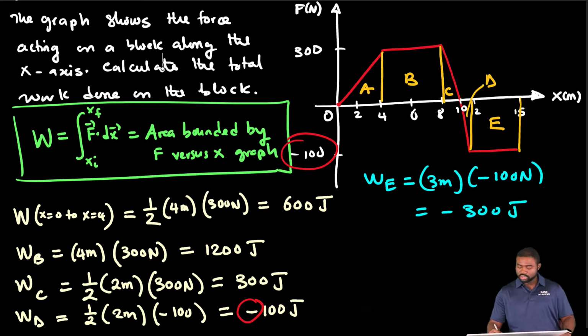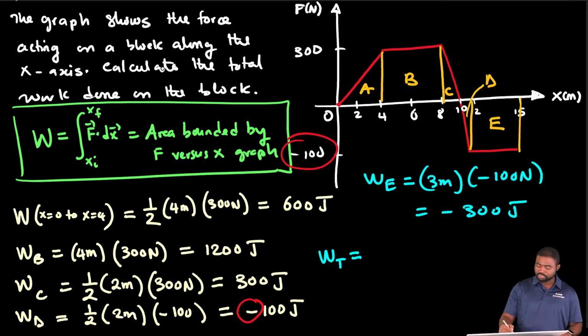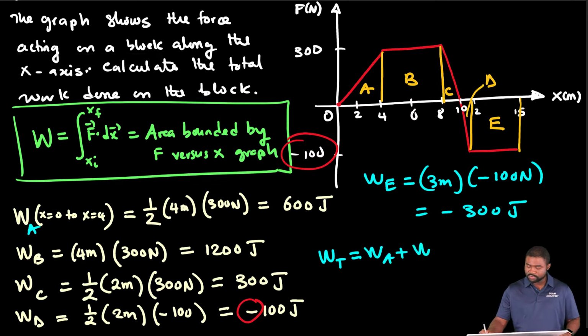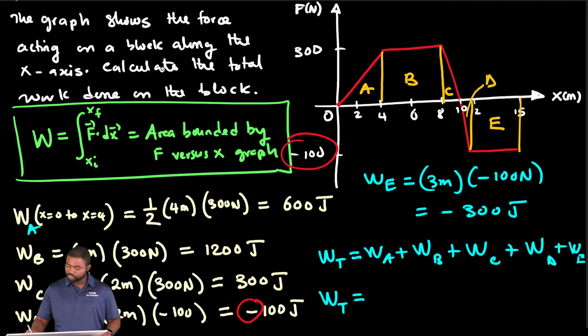So the total work done on the block will be equal to the sum of all the work done. This is just going to be WA plus WB plus WC plus WD plus WE, which means that the total work done will be equal to 600 plus 1200.